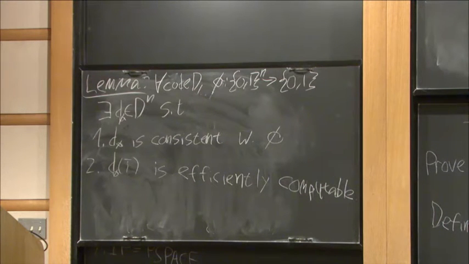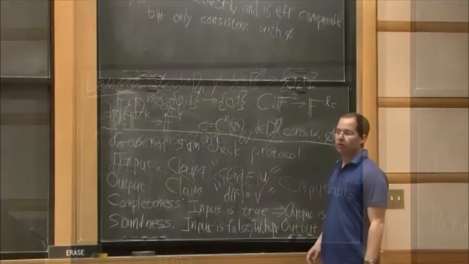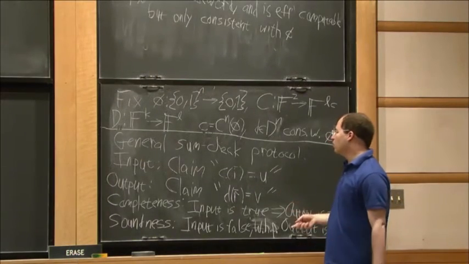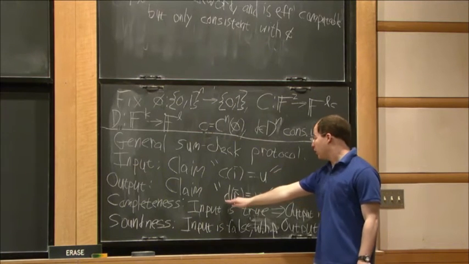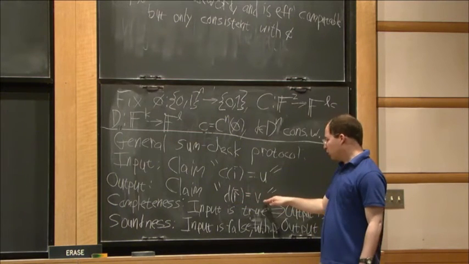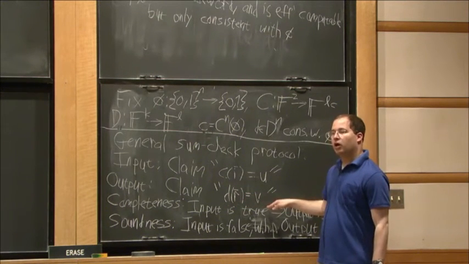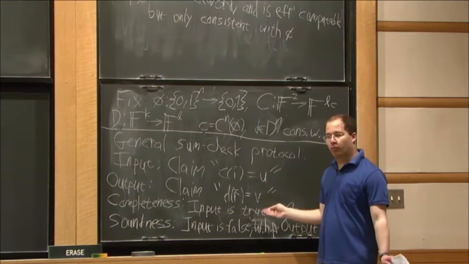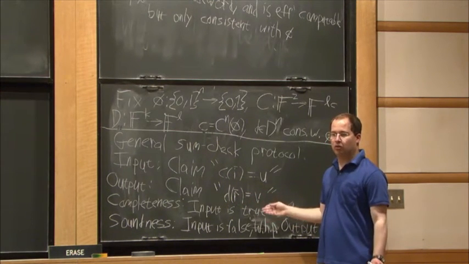And now the verifier will choose a random coordinate I bar of small c, and ask the prover to prove that small c at I bar is 0, because if phi is unsatisfiable, small c must be the 0 code word. Then they will execute the subject protocol and obtain a claim of this form for d sub phi: d sub phi at some coordinate r equals v. And now d sub phi at r is efficiently computable, so the verifier can compute it on its own, and we are done.